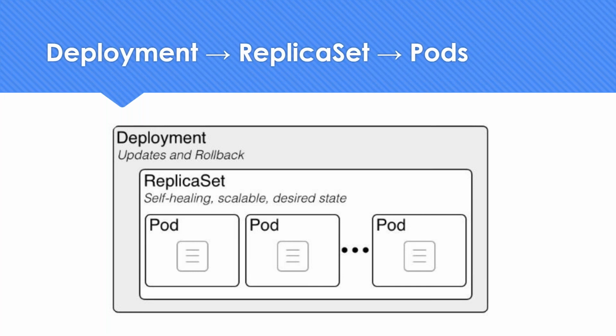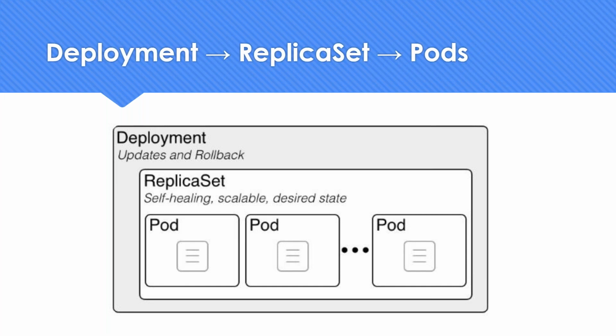It's like a wrapper for your pod. At the end, the pod is the one which is important. If you look into the replica set, you can track how many replicas you have created. The topmost stuff is your deployment.